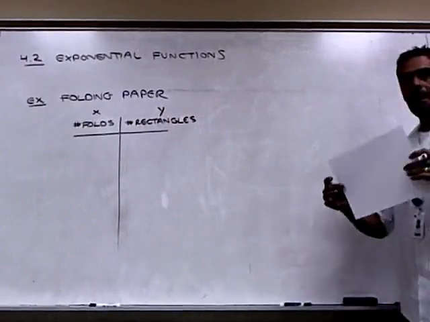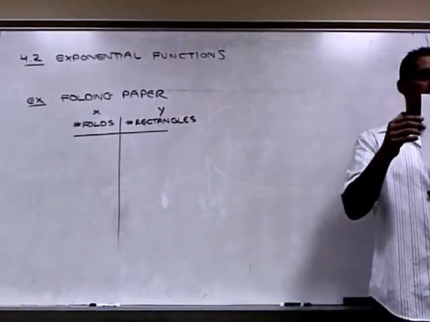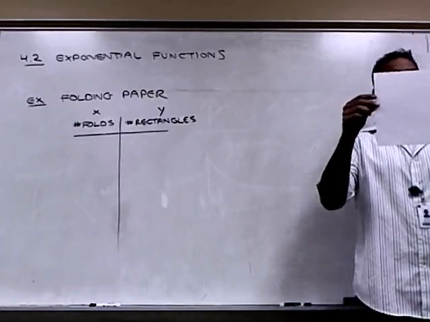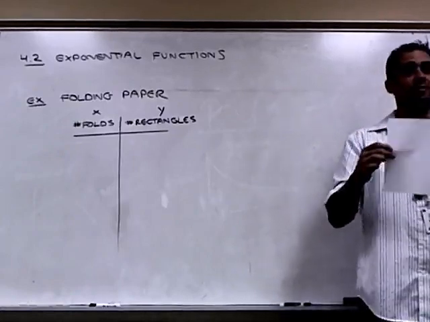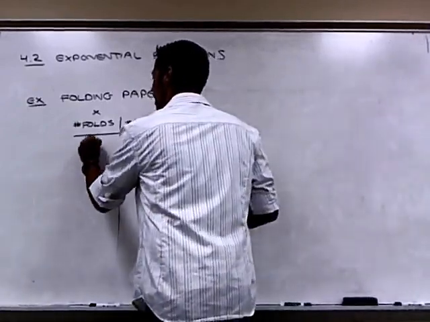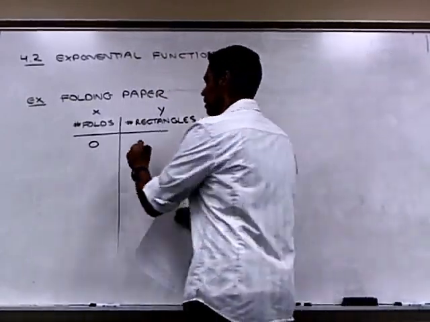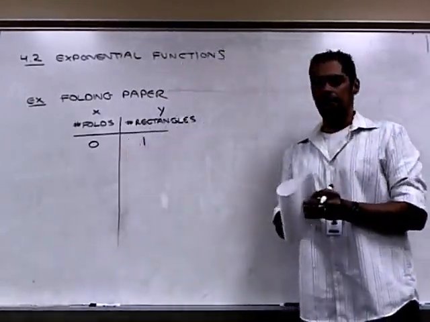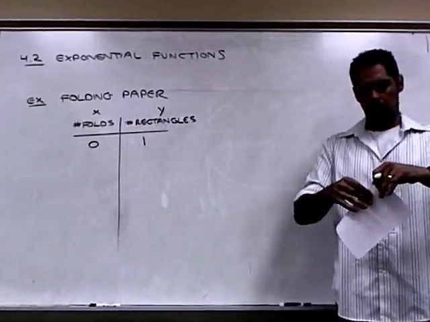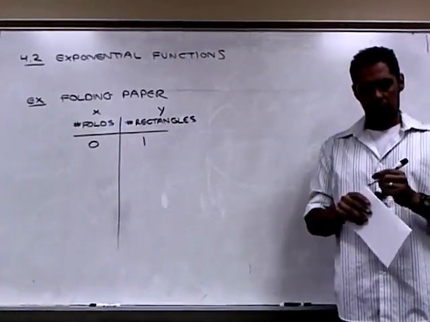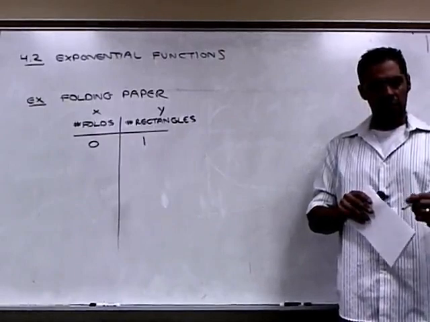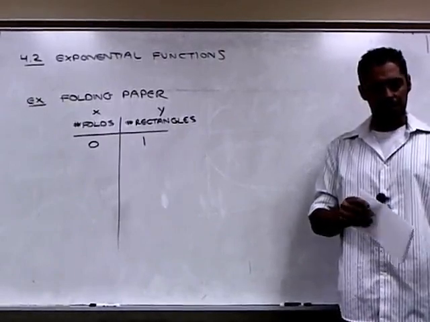Okay, so I have a piece of paper here, right? How many folds have I made in the paper? None. So I have 0 folds. How many rectangles do you see? 1, right? 1 rectangle. Okay, if I fold this 1 time, you just kind of draw along that edge. When I open this up, how many rectangles will you see?